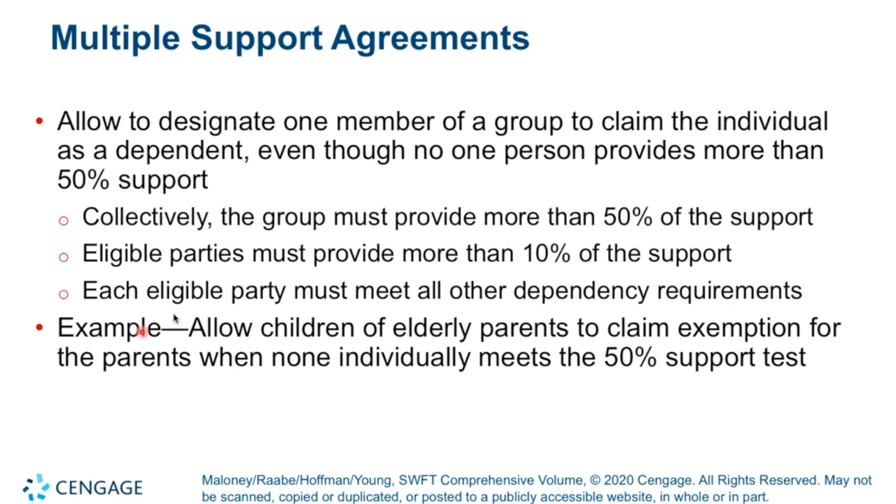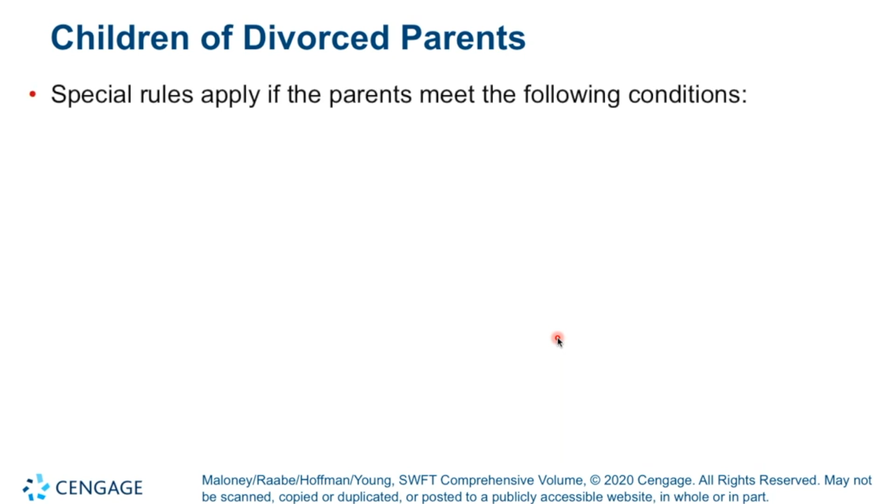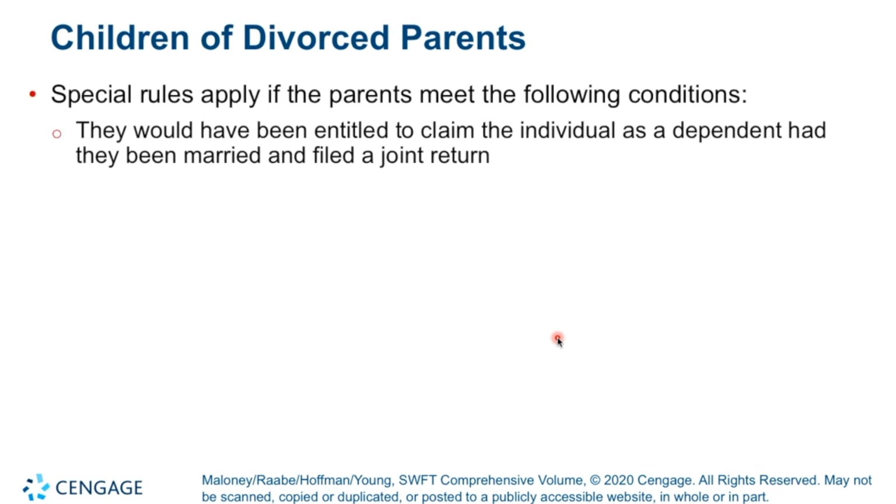For example, children of elderly parents are able to claim an exemption for the parent when no one individual meets the 50% support test. For children of divorced parents, special rules apply if the parents meet the following conditions.